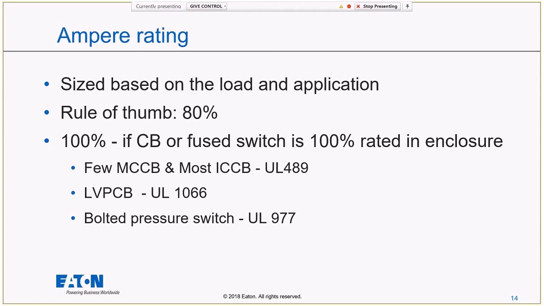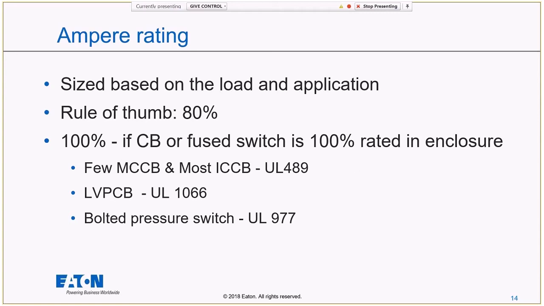You can get 100% rated overcurrent protective devices. For molded case circuit breakers, you can specifically get a 100% rated one. It will be more expensive than a regular circuit breaker, but you can get one. Most insulated case breakers you can get with that 100% rating as well. And low voltage power breakers, the big guys that go in switchgear, are usually already 100% rated.